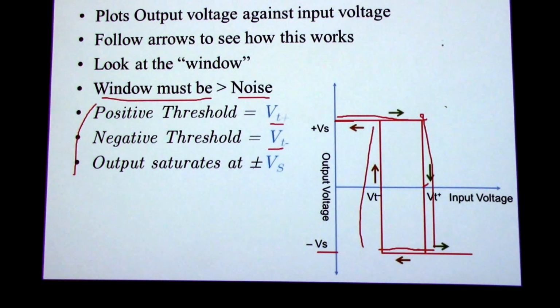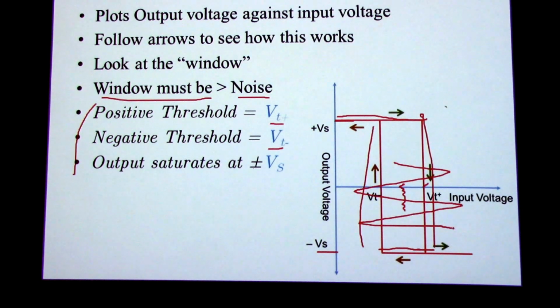If your input voltage fluctuates like this, this is fine because your window is big. But if your fluctuation is like this, what will happen? It will turn on, turn off, and just go on. So if you know you are going to have some noise, your window has to be bigger.